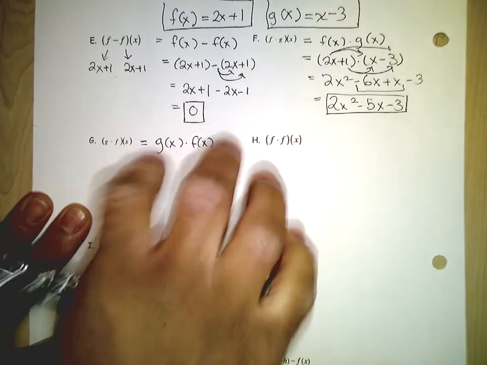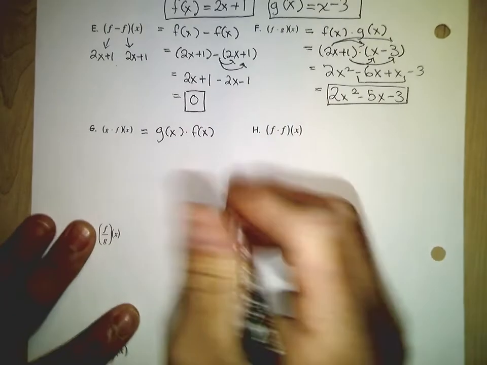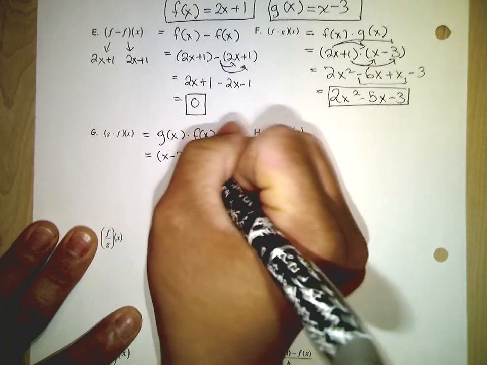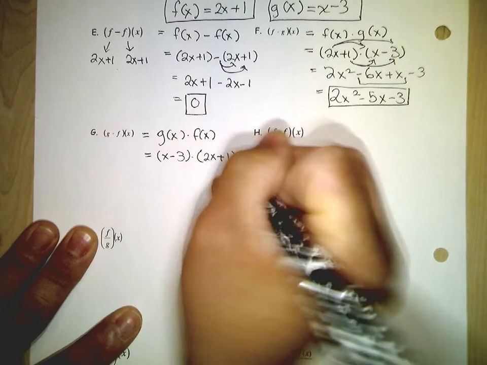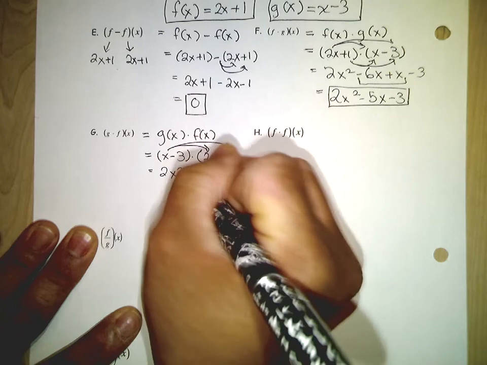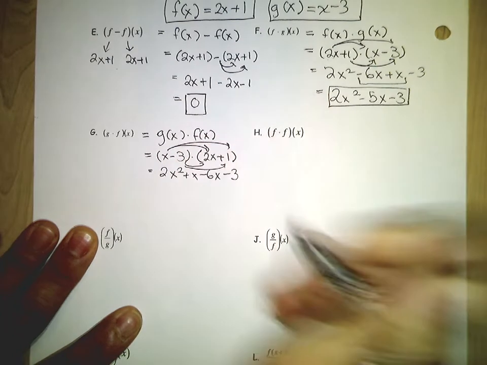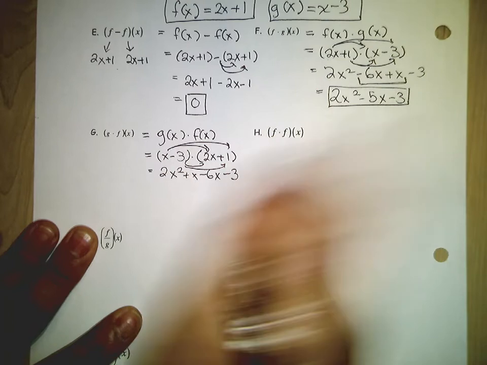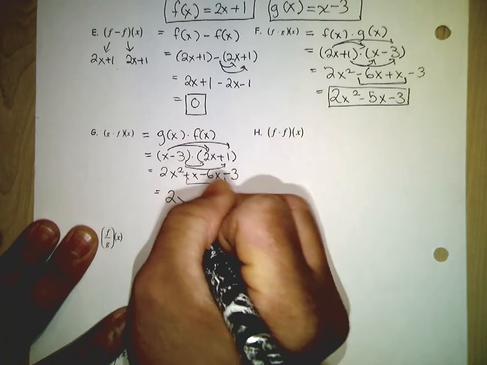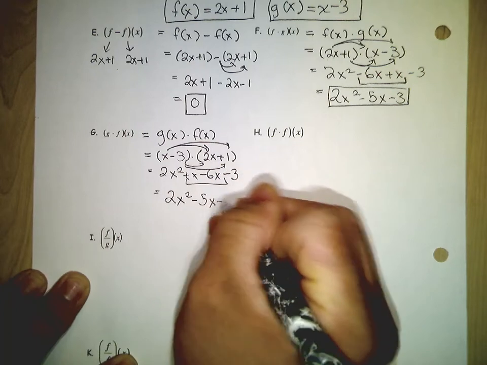For g of x, we have x minus 3, and f of x, 2x plus 1, we'll distribute: 2x squared plus x minus 6x minus 3. You can see that these two middle terms are just in a different order. So if we combine like terms, we still are left with 2x squared minus 5x minus 3.